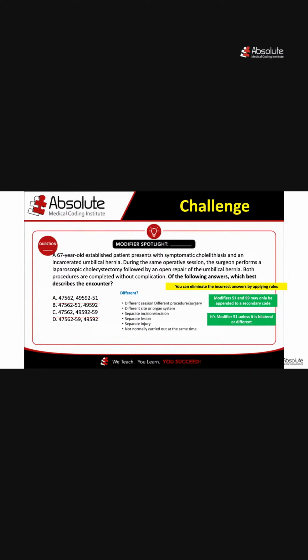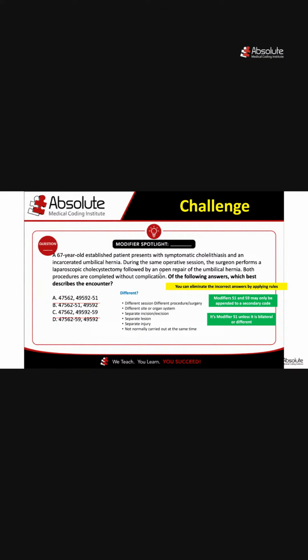Then it's followed by an open repair of the umbilical hernia. That's totally different. This is the gallbladder, and this is laparoscopic removal of that gallbladder. And also we have an open repair. So they're just basically repairing; they incised the patient.